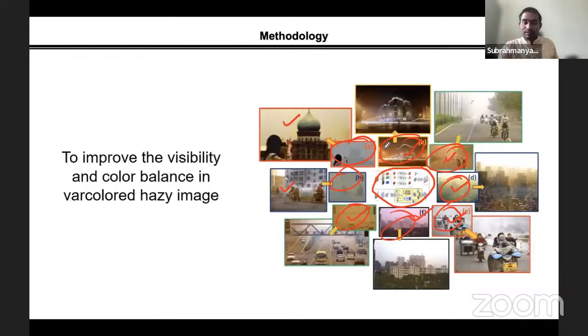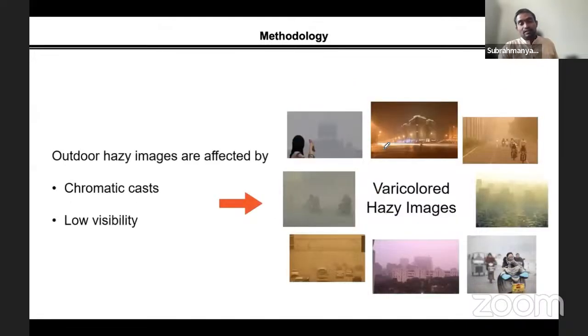That's why we named it variously colored image dehazing. The important thing is that the chromatic cast needs to be adjusted for different hazy conditions with different colors, and at the same time visibility has to be improved.